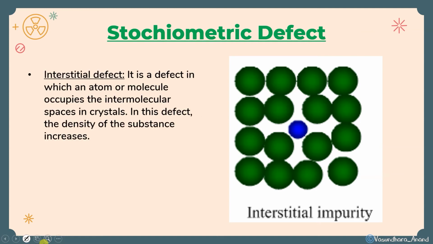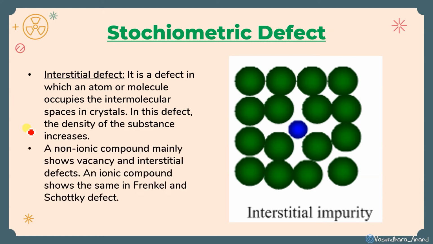So, interstitial defect is a defect in which an atom or a molecule occupies the intermolecular space in a crystal. In this crystal, the number of atoms increases, so mass increases, and volume decreases. So density will also increase. So remember, it comes into the interstitial, and due to which it increases the density. Hope it is clear.